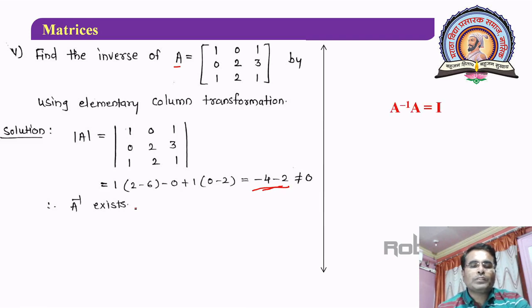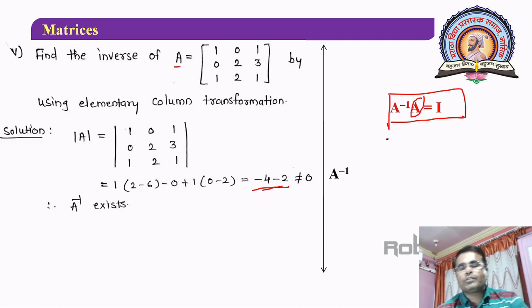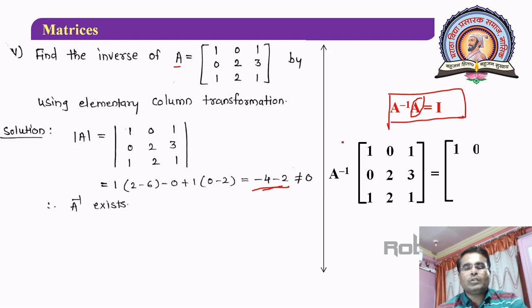So our first step is to consider A inverse into A is equal to I. Now since we are using column transformation, A must appear as a post factor. Therefore your equation will be of this type, A inverse into matrix A 1 0 1, then 0 2 3 and 1 2 1 is equal to 1 0 0, 0 1 0 and 0 0 1.